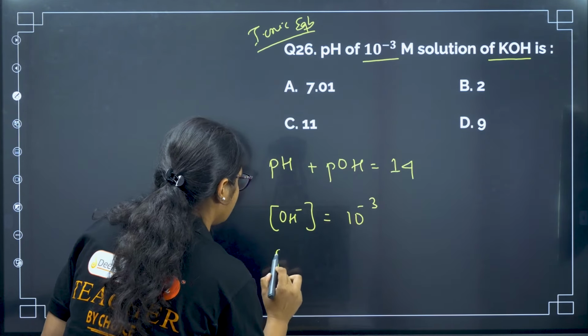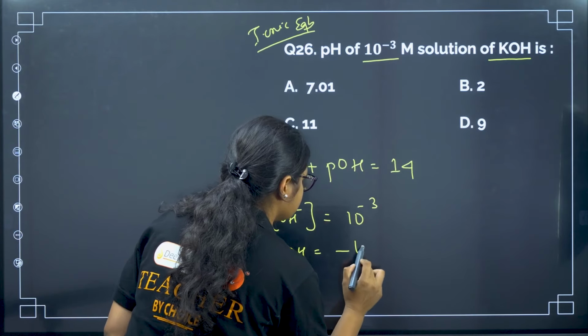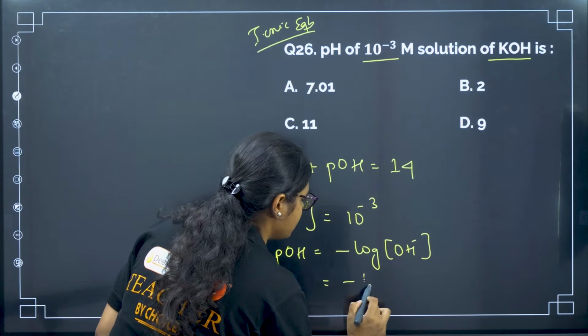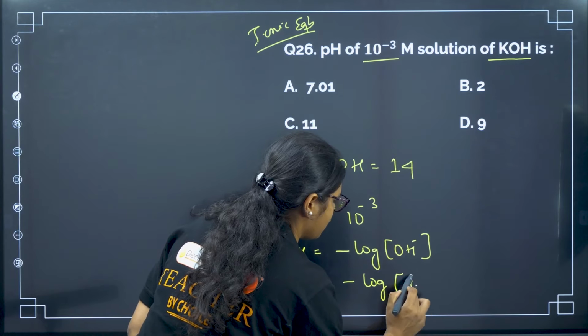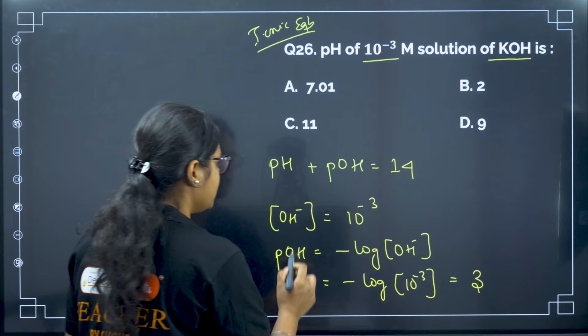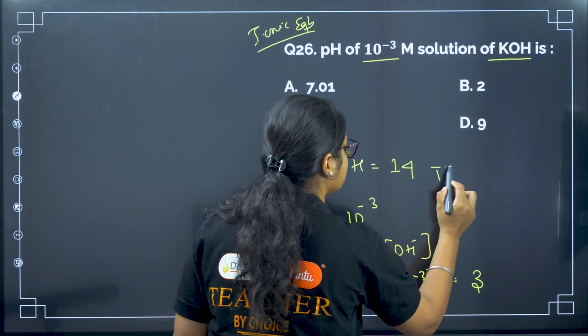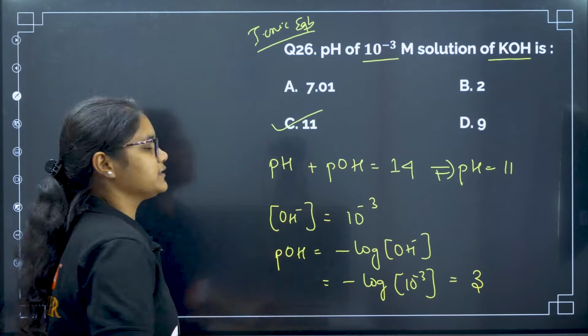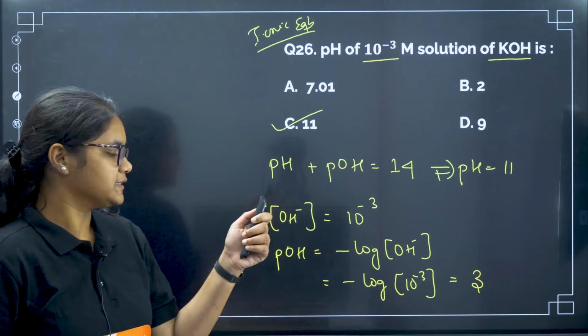So pOH is minus log of OH minus concentration, minus log of 10 to the power of minus 3. So the value here we will get is 3. So pOH value is 3, that implies pH will be equal to 11. So the correct answer for this question will be option number C.